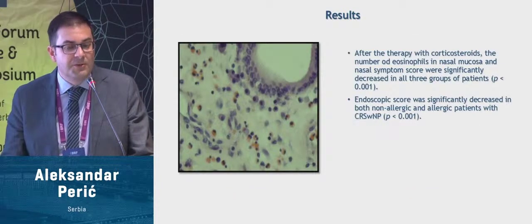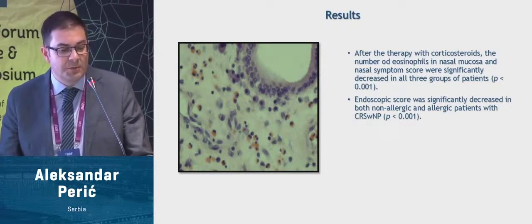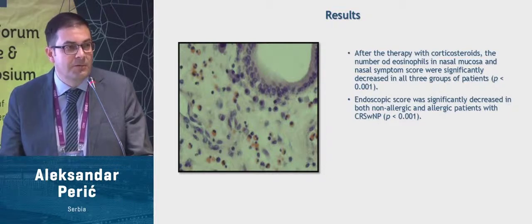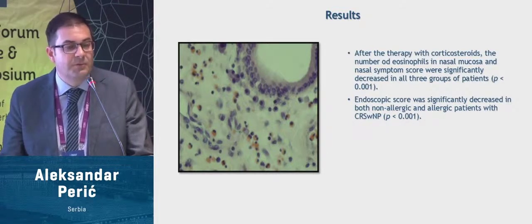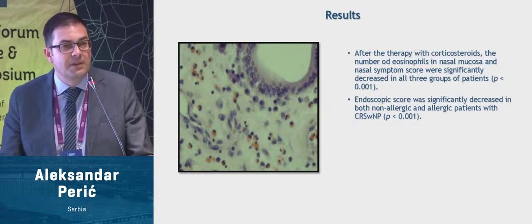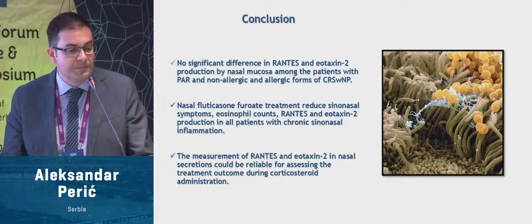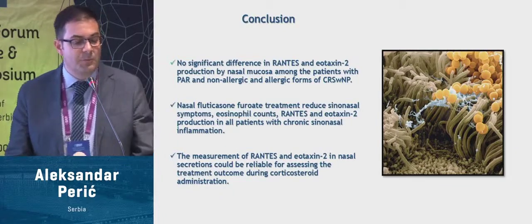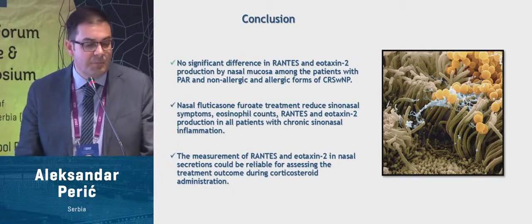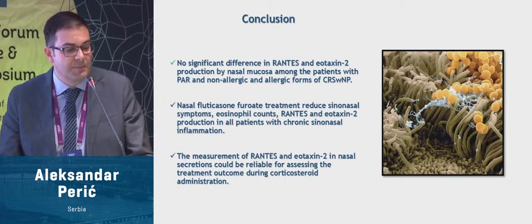After the therapy with corticosteroids, the number of eosinophils in nasal mucosa and the nasal symptom score were significantly decreased in all three groups of patients, and the endoscopic score was significantly decreased in both non-allergic and allergic patients with nasal polyposis. And finally, in conclusions, we found no significant difference in rhinitis and eotaxin 2 production by nasal mucosa among the patients with perennial allergic rhinitis and non-allergic and allergic patients with nasal polyposis.